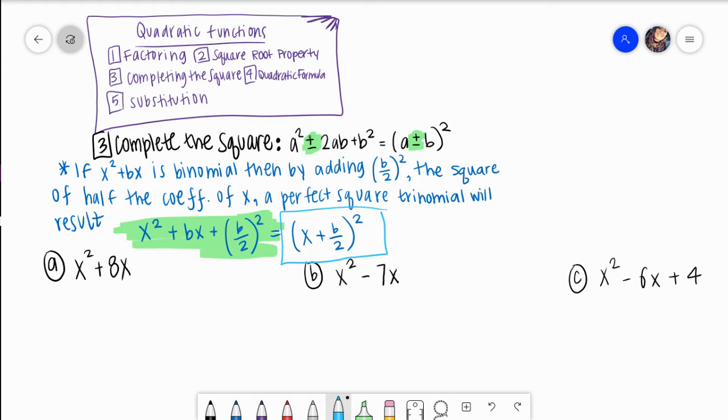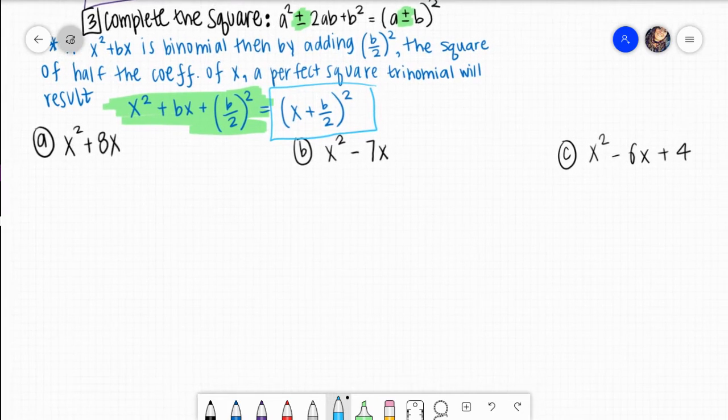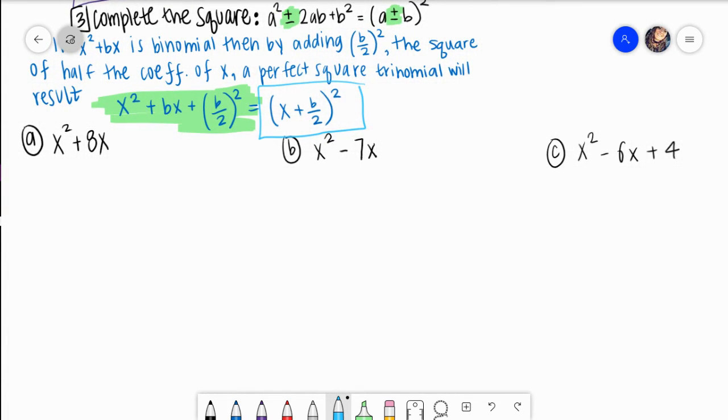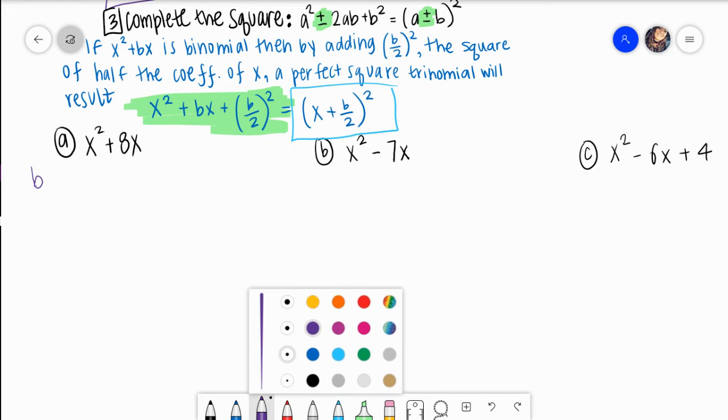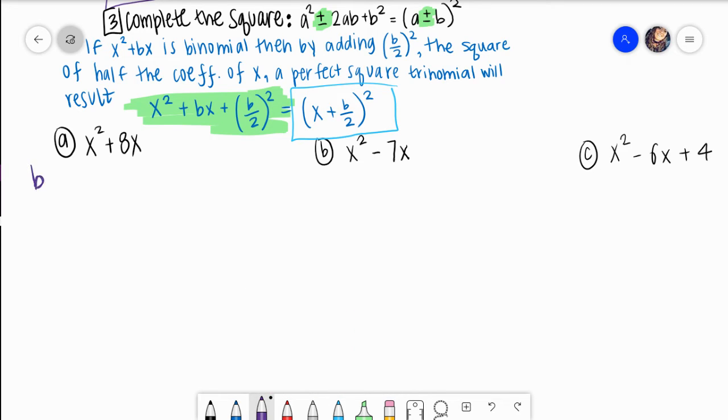So let's go ahead and solve it. I think it'll make a lot more sense once we actually get into the problem. For a, we have x squared plus 8x. I know that I'm looking at a formula, and I'm going to need to know a certain amount of things to plug into it. What I need to know is my b term, which is the coefficient attached to the variable that's not squared.